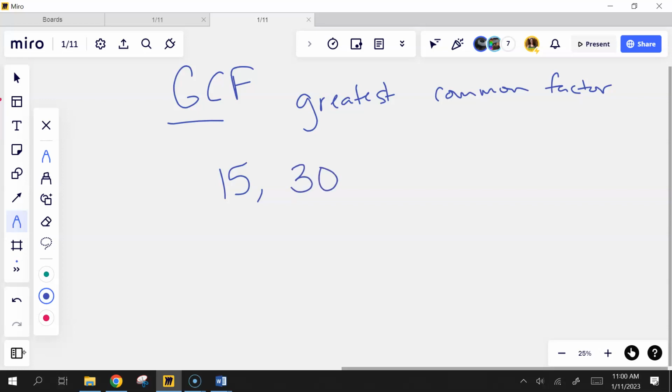Greatest common factor of these two numbers. Nope, 15. Biggest thing you can divide them both by, no remainder.